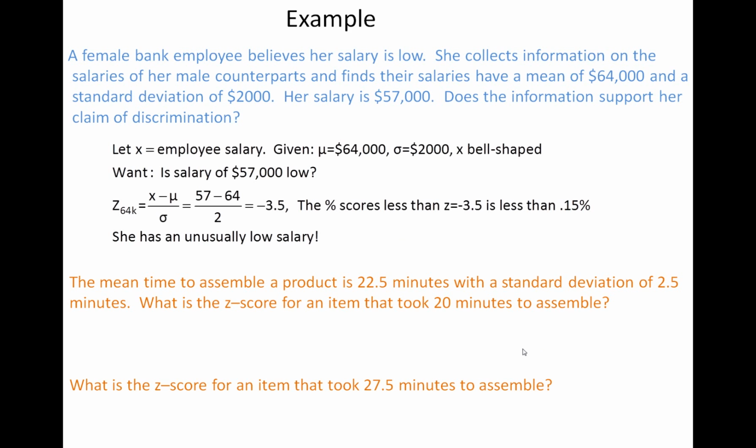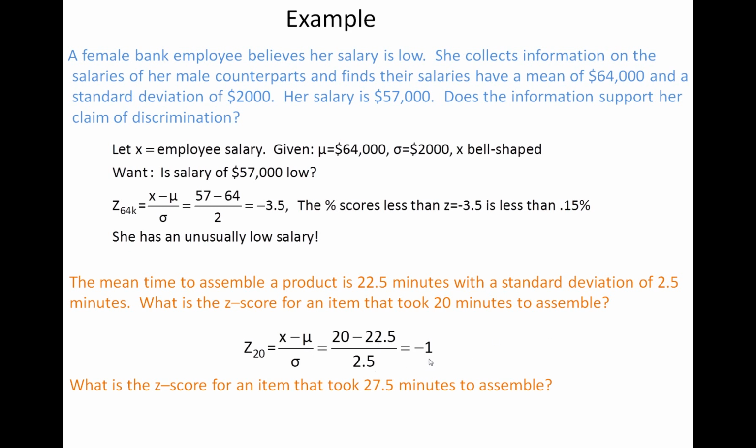Okay, there's one more example here. It's the mean time to assemble a product. It took 22.5 minutes. The standard deviation is 2.5 minutes. What's the z-score for an item that took 20 minutes to assemble? Let me try that again. The z-score for an item that took 20 minutes to assemble is the value of interest, which in this case is 20 minutes, minus the mean, which is 22.5 minutes, divided by the standard deviation.